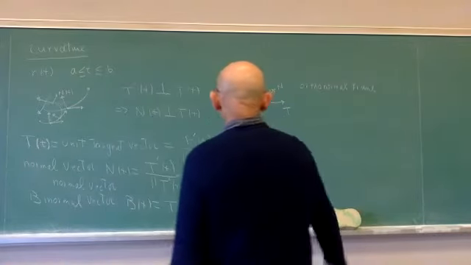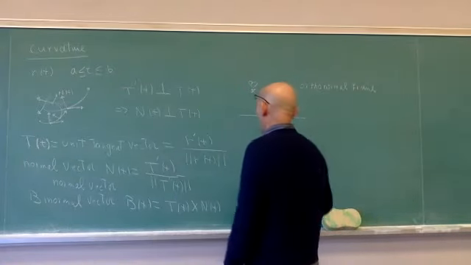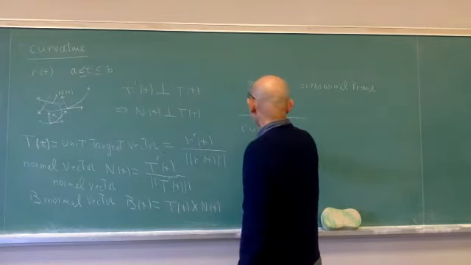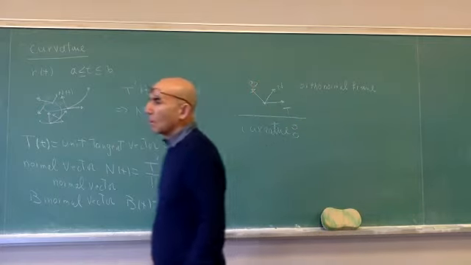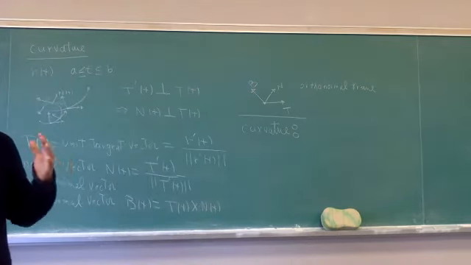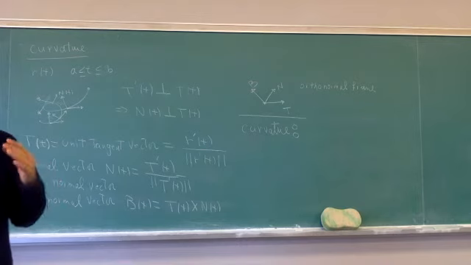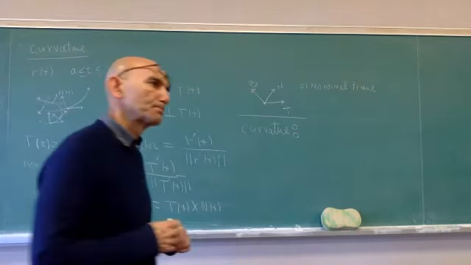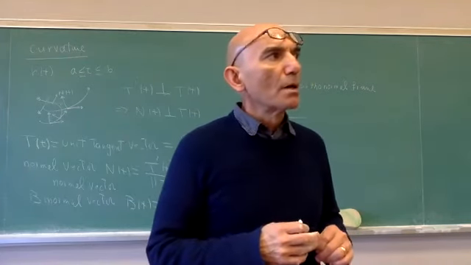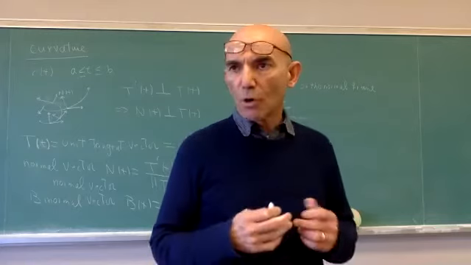Okay, so that's that. Now, how did we define curvature? You remember, we had several definitions, but our primary definition was that curvature is the rate of change of the unit tangent vector with respect to arc length.